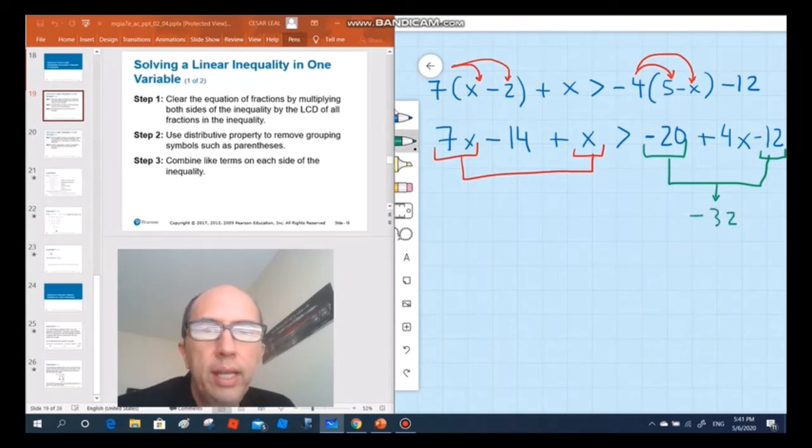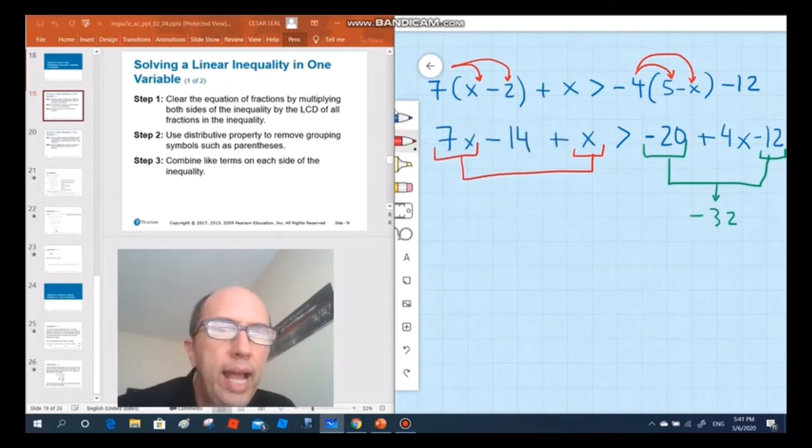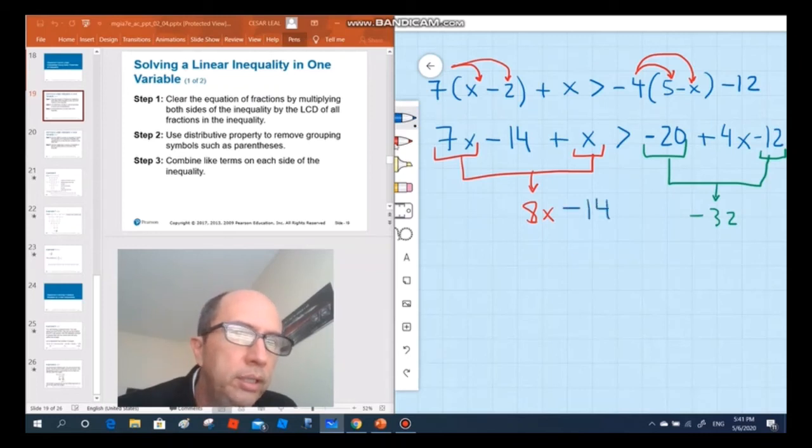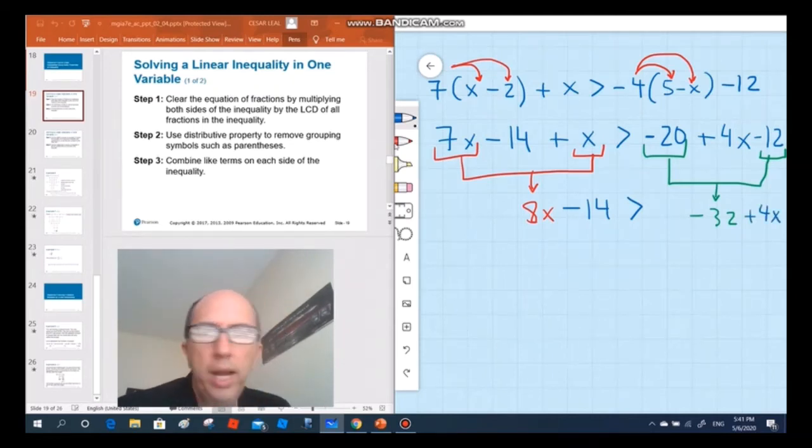And like terms here, 7x plus x, 8x, and repeat, negative 14 greater than plus 4x. Great.